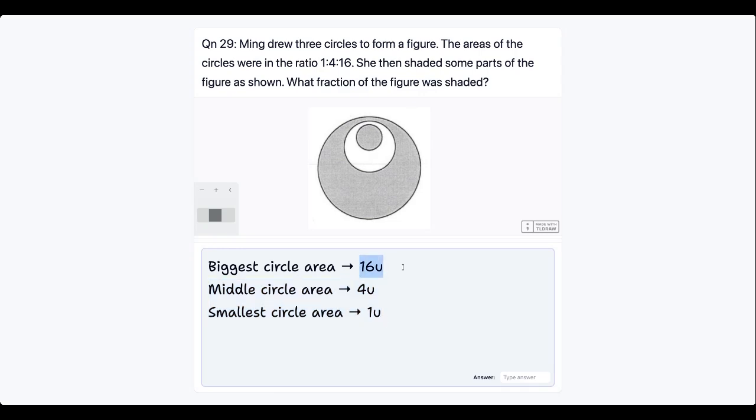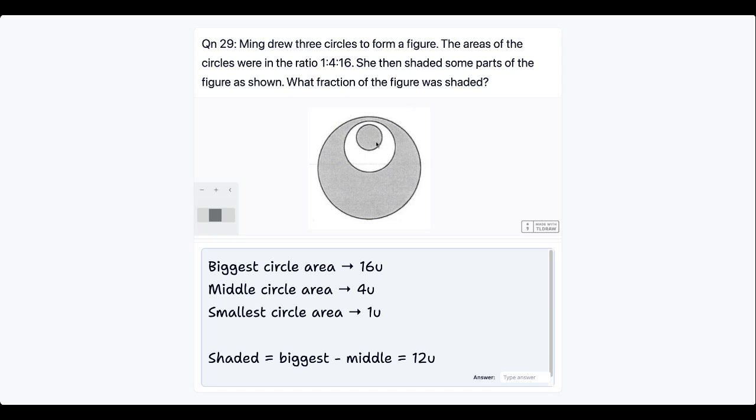Sorry, 16 units is the biggest one, and then we just minus 4 units. It should be 12 out of 16, right? You might be thinking the answer should be 12 units, biggest minus middle. Okay, so that's not actually the case, because what we need to do is we have the smallest circle as well.